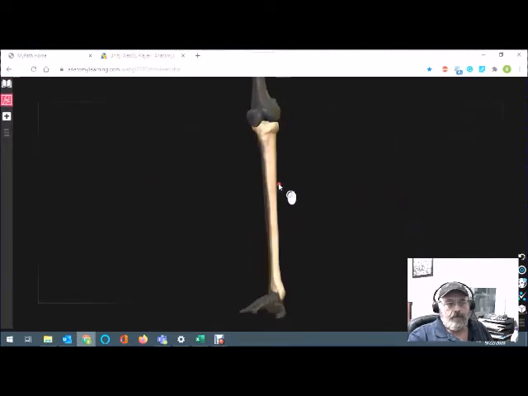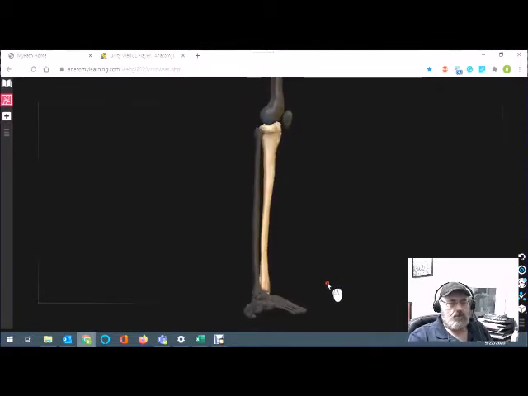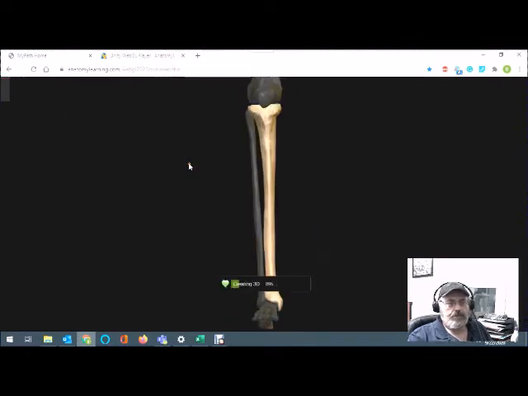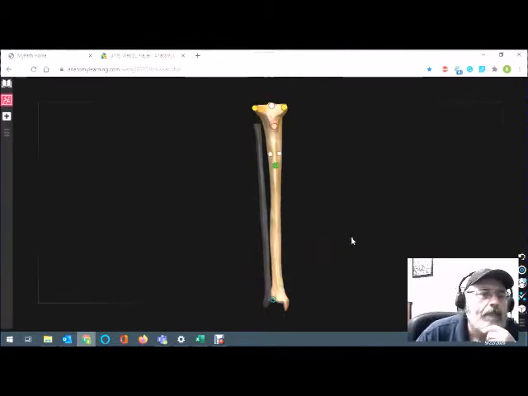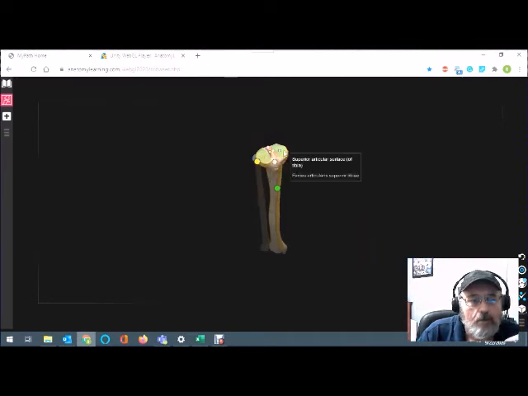Now, this is the bone, actually, that supports most of your body weight. Really, we'll say all of your body weight. The fibula doesn't really do any support structures. It is an accessory structure, and it makes up part of the ankle. So the tibia, structures that I would want you to be able to identify on the tibia are, again, you can call it the condyle, lateral, medial, articular surfaces.